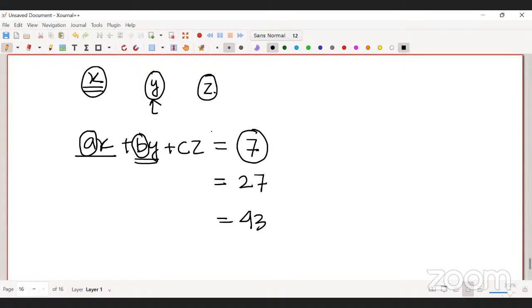And if the shopkeeper sold c number of items, then the total cost will be cz. So if you add, you get 7. Basically, you need to form a system of linear equations by giving variables to the prices.